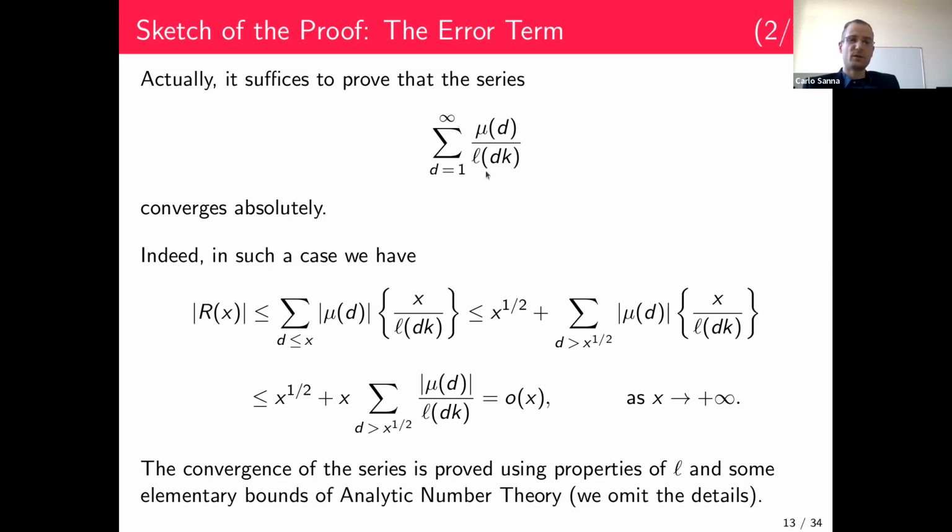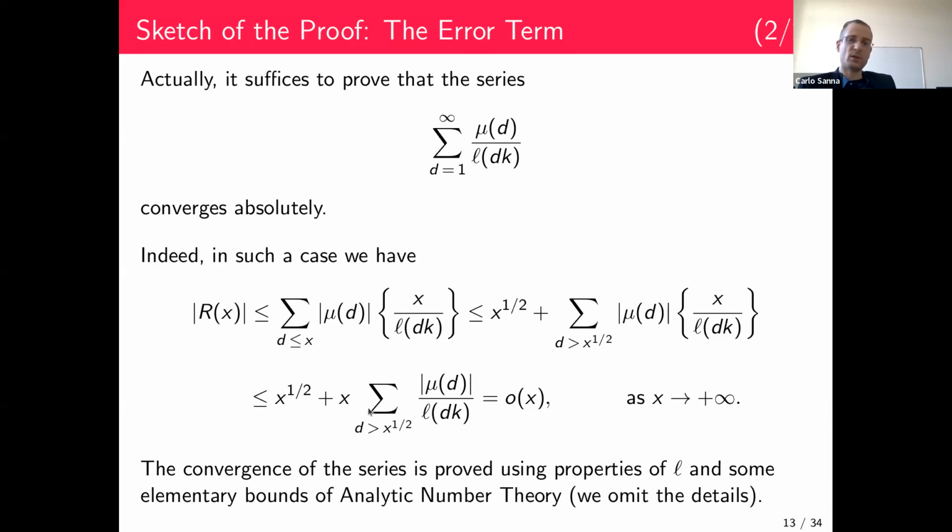Indeed, if the series converges absolutely, then the error term R(x) can be estimated in this way. First, taking the absolute value, then the first square root of x terms of the sum are just bounded trivially by x to the 1/2, while the other terms are bounded using the fact that the fractional part of a number less than 1 is the identity function.